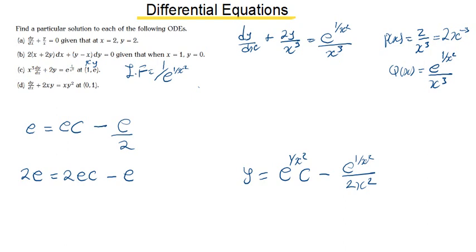Here it is just a matter of making c the subject of the formula. That's going to be 2e plus e is equal to 2ec. So this gives us 3e is equal to 2ec.